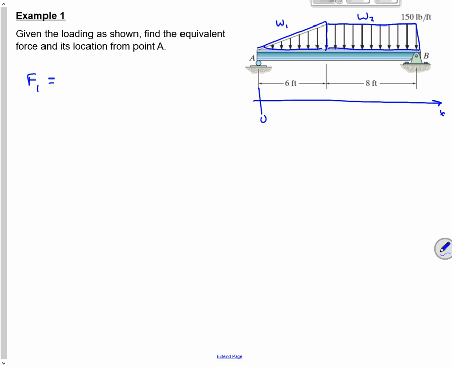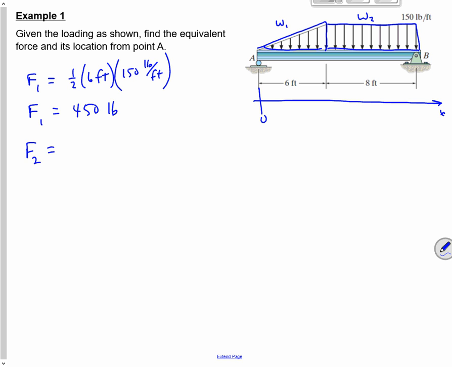The area of a triangle is 1/2 the base, which is 6 feet, times the height, and the height is 150 pounds per foot. So it looks like 450 to me. 450 pounds.